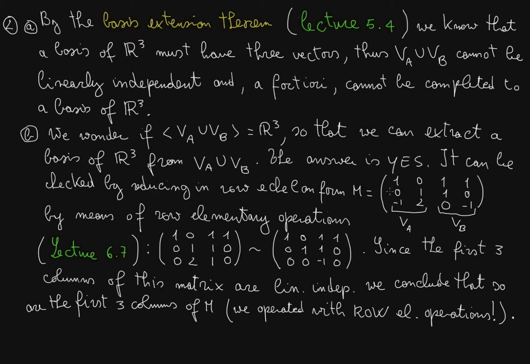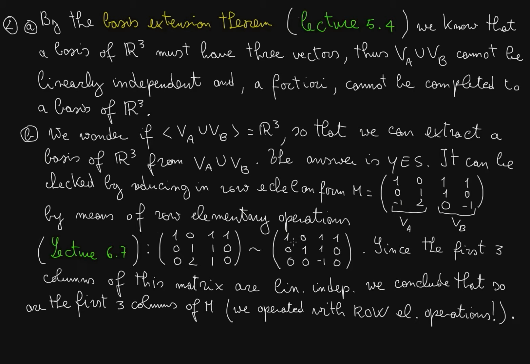We start from M, and then after applying a row elementary operation between the first row and the third row, we reduce this matrix here, and then we apply another elementary operation in which we kill the coefficient 2 here by means of the 1 here. And we finally get to this matrix, which is in row echelon form, as we can see.